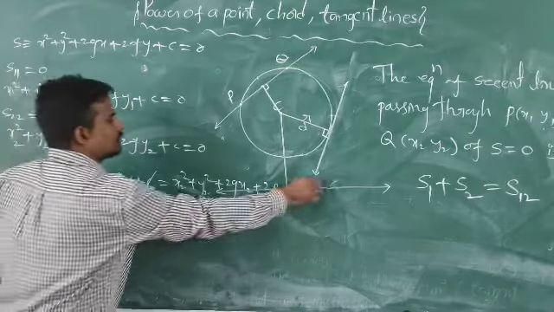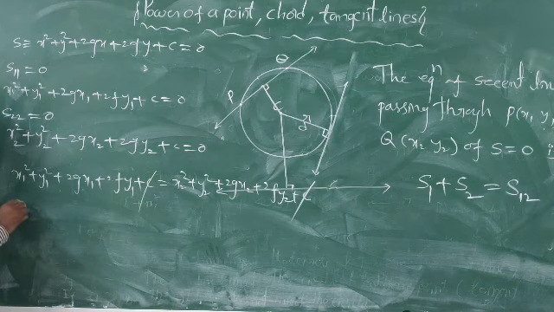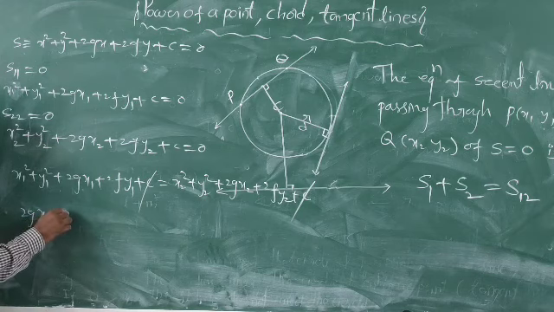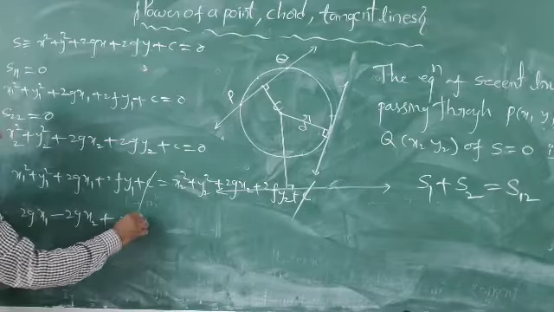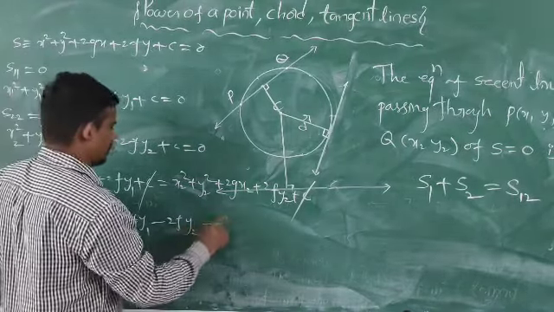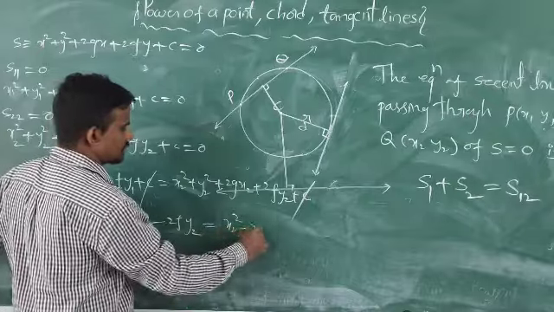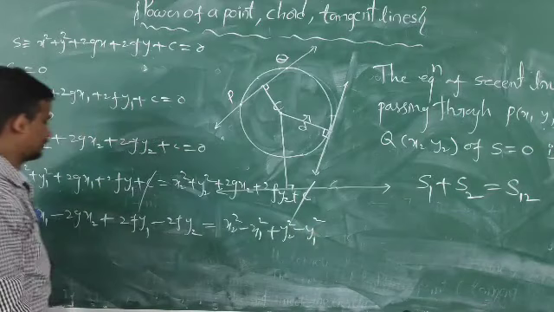and these two c terms are cancelled and we remain with 2gx1 minus 2gx2, 2fy1 minus 2fy2 equal to x2 square minus x1 square plus y2 square minus y1 square.